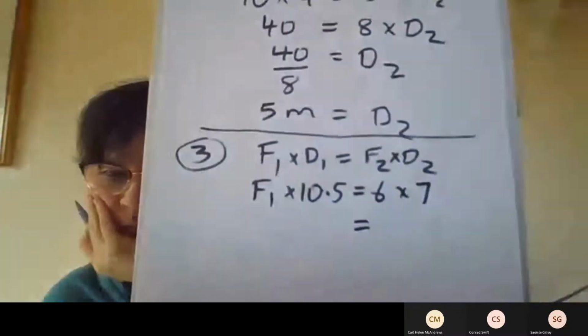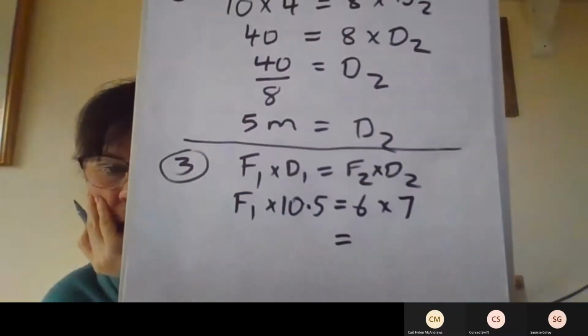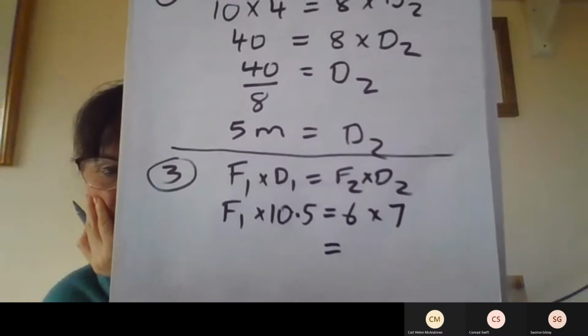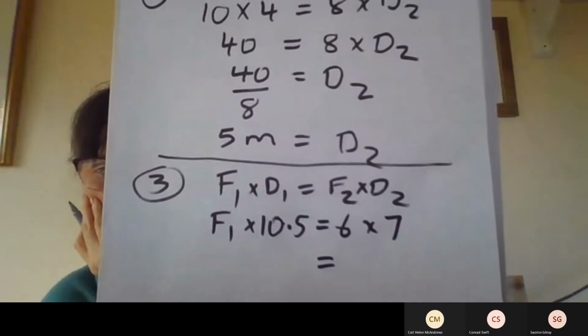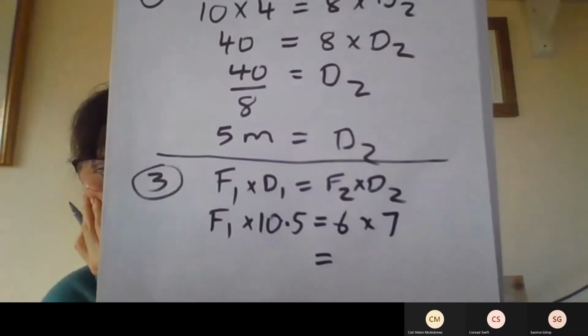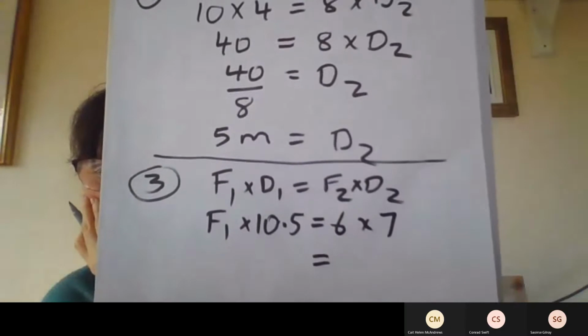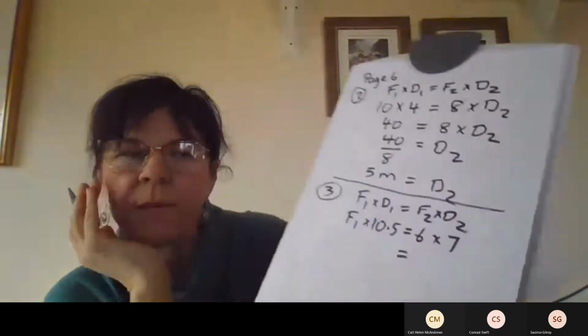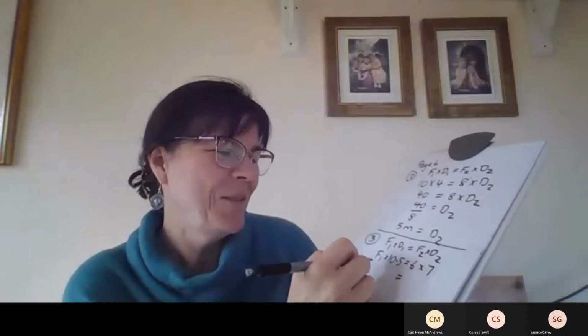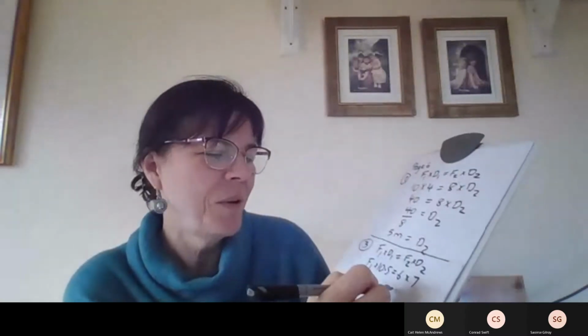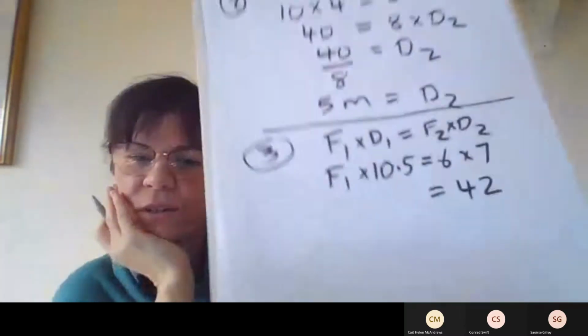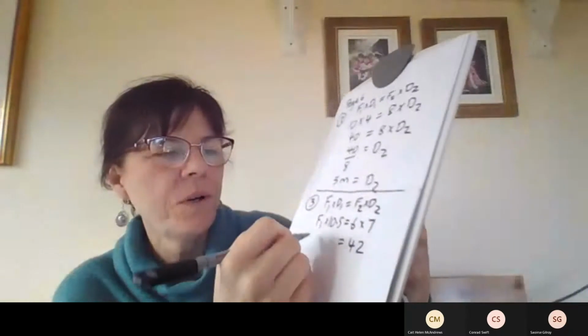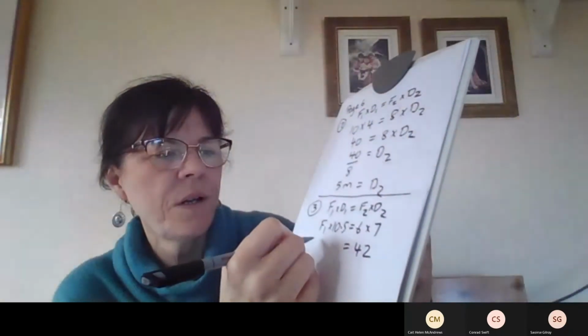Now, what can you work out? Are you able to work anything out there? Can you do the 6 times 7? It's 42.